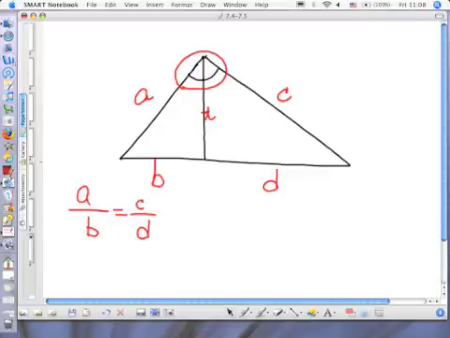Do you see the two segments? Segment B and segment D. This theorem states that one of the sides of the angle over the little segment created is proportional to the other side of the angle over the other segment created.